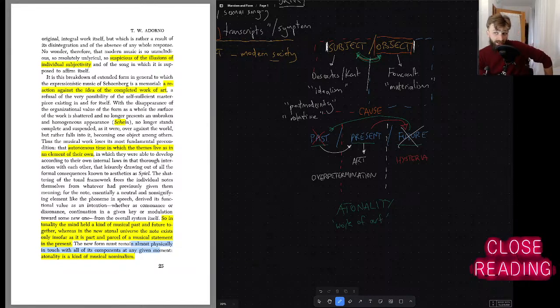So this is actually at a stage where Jameson is interpreting Adorno as critiquing atonality as being too much on the subject side of this equation, right? That atonality is a musical nominalism because it sees music as being completely free of the past in this particular framing.